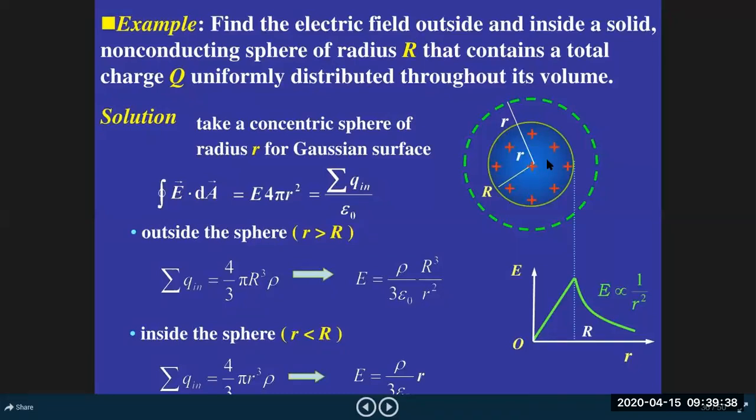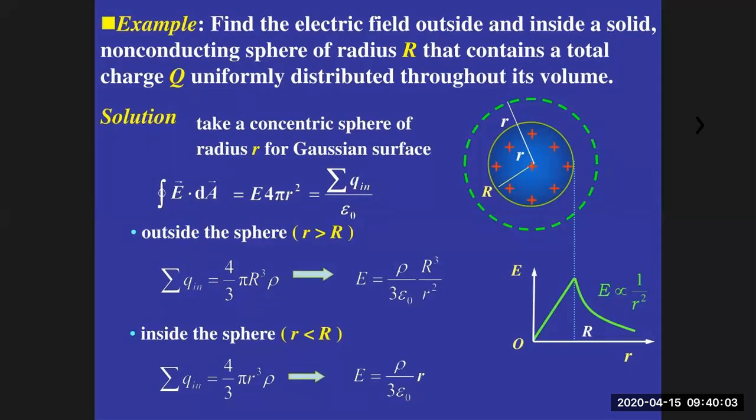Similarly, you have to apply the same formula: volume of this Gaussian sphere into charge density rho. So charge enclosed by this Gaussian sphere equal to Q prime. Q prime equal to 4 by 3 pi small r cube into rho. So we find out rho and put here.